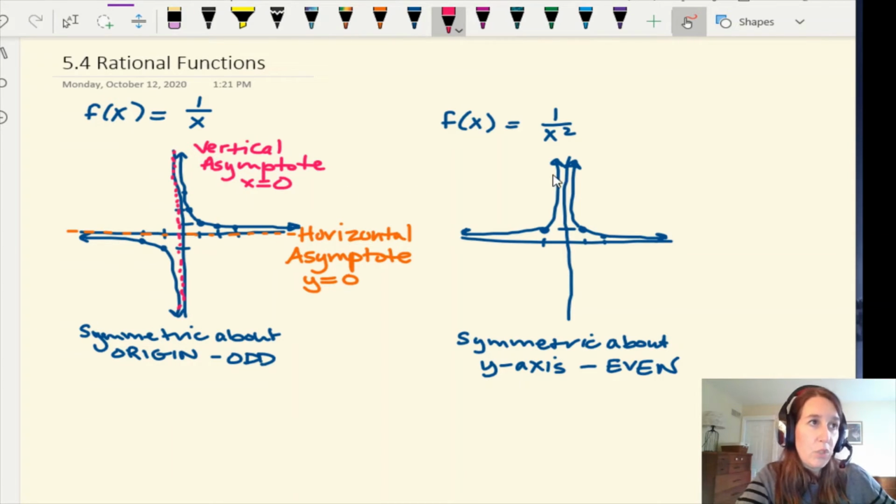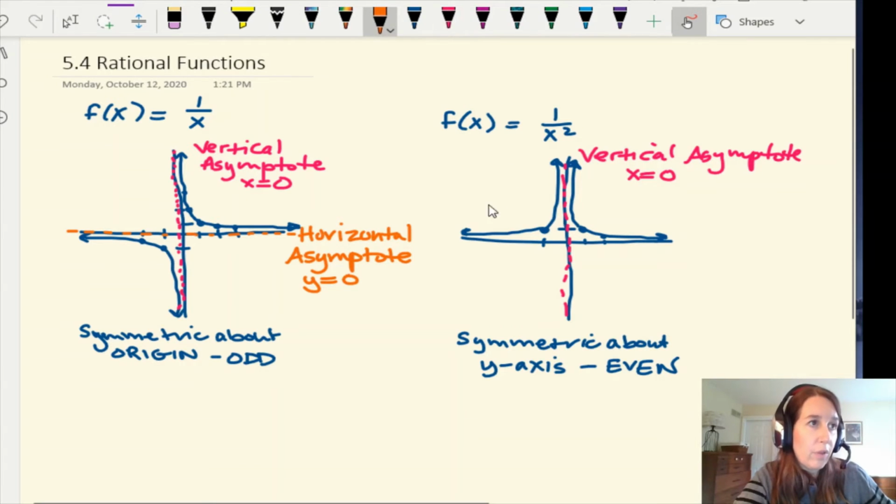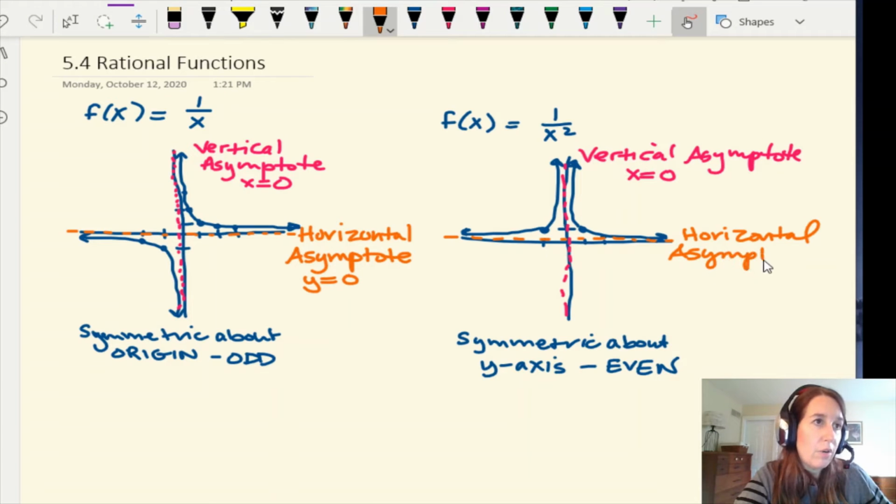We have the same two asymptotes on this graph. So notice that we have the vertical asymptote of x equals 0, and we have the horizontal asymptote. This time it's just getting closer and closer to 0, but from above both times. And that is also y equals 0.